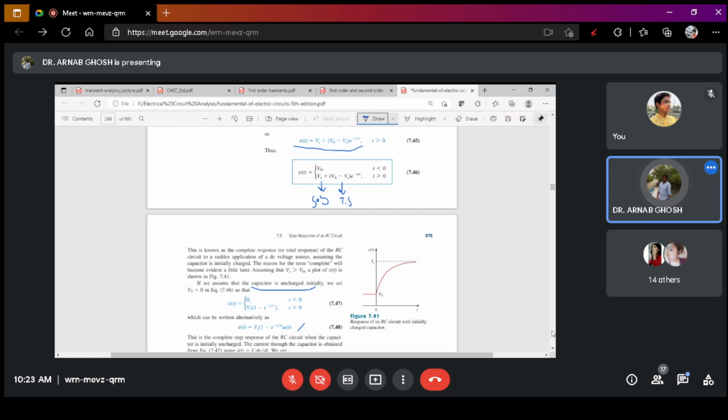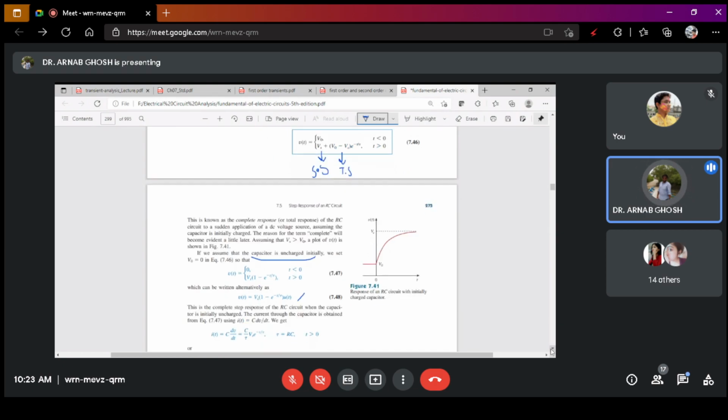Now just see what the graph will be. If you closely look at the graph, let's say this is the supply voltage. With time, this is a charging circuit; you can see it from the expression itself. When I am talking about a step response or a forced response, I am talking about the charging circuit of a capacitor.